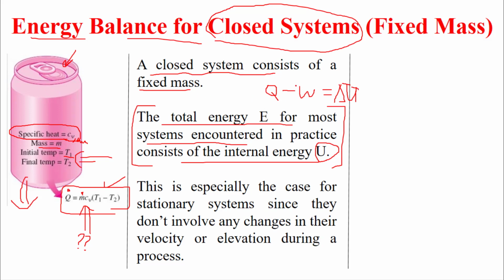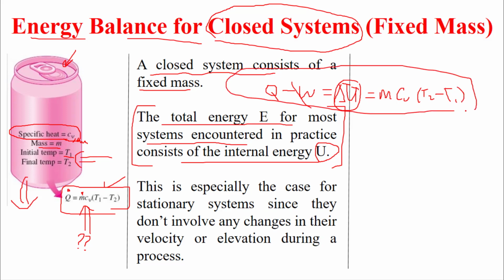Inside this can we have no work, so this goes to 0. And instead of delta U, remember we write m CV (T2 minus T1). This is the proof of where we got the value of Q.